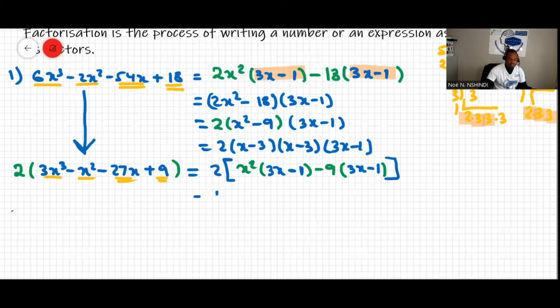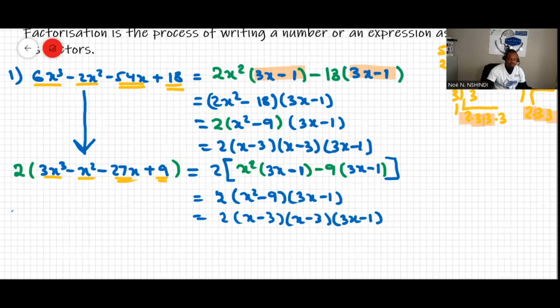Now this will be (2x squared minus 9)(3x minus 1), and then this will be (2x minus 3)(x minus 3)(3x minus 1) if we apply the difference of two squares.